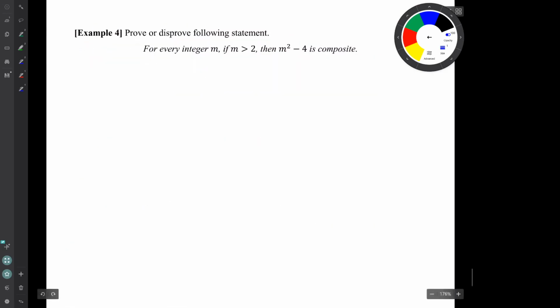Example 4 is prove or disprove. For every integer m, if m is greater than 2, then m squared minus 4 is composite. Well, we're not told whether that's true or not, so let's just experiment.